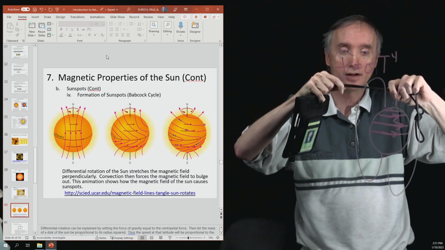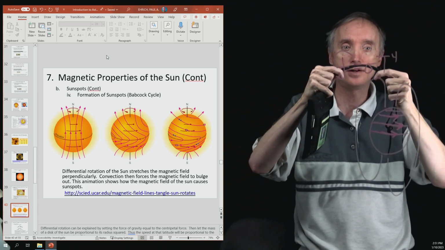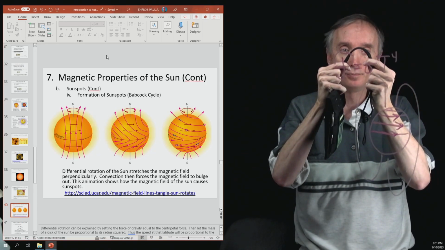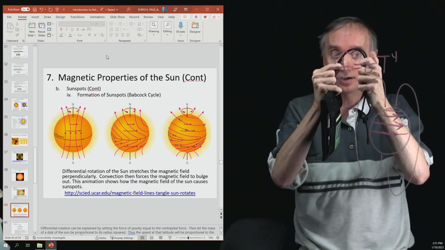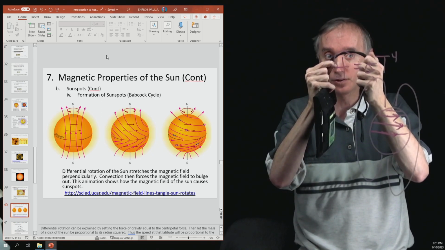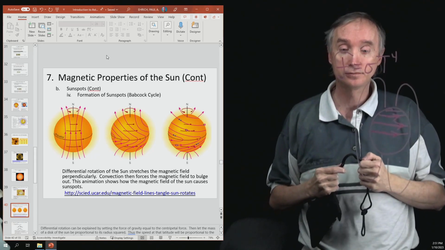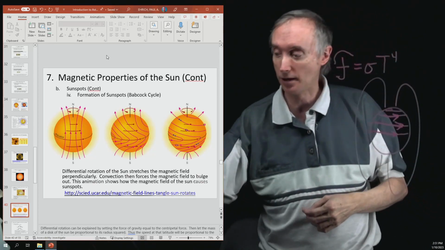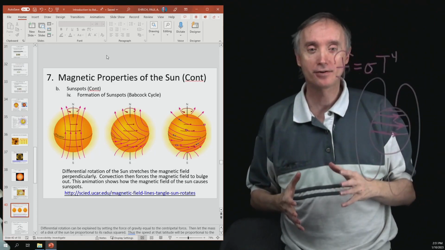Because of the heat that's coming up, can you see that it would cause that magnetic field to bulge up and out of the sun? Then you're going to have one place where the magnetic field goes in, and one place where the magnetic field comes out. And that's going to be your sunspot. So now we've explained how we make our sunspots.